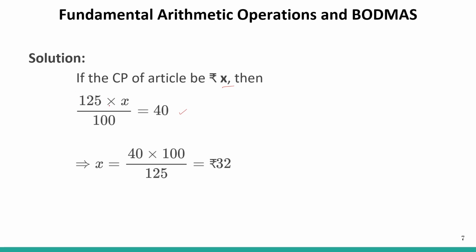So x is equal to 40 into 100 by 125, that is 32 rupees. This is the final answer.